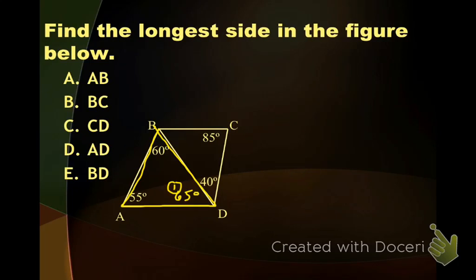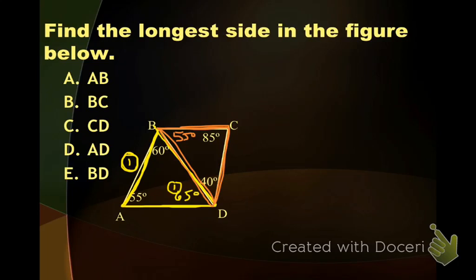That's going to make side length AB the longest side for triangle ABD. Now, how about the triangle positioned on the right here, triangle BCD? We're missing an angle measurement of 55 right here.